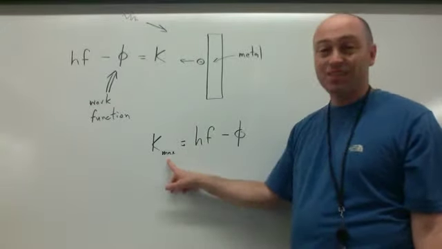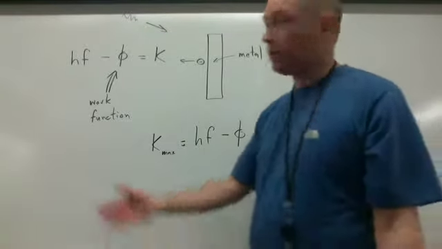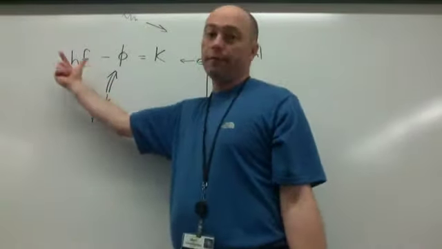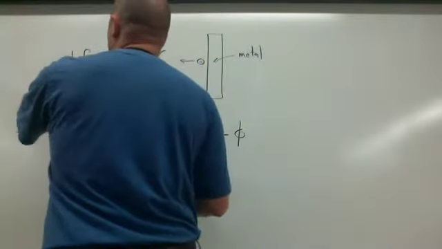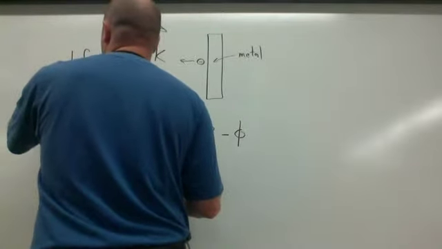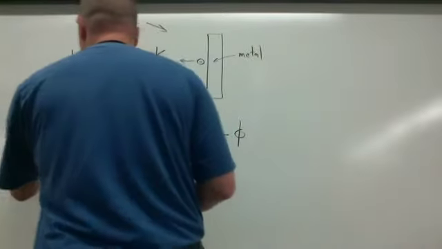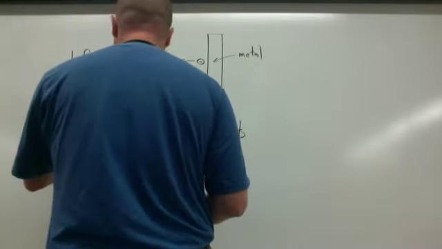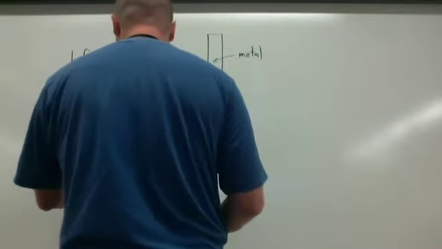Now the reason this is max is that, let's say, and I'm just going to make up some numbers here, this has 8 electron volts. My work function is 2 electron volts, so I'm going to get 8 electron volts minus 2 electron volts, which equals 6 electron volts.